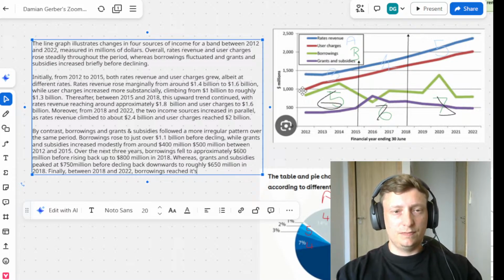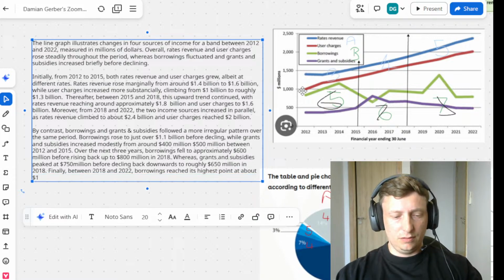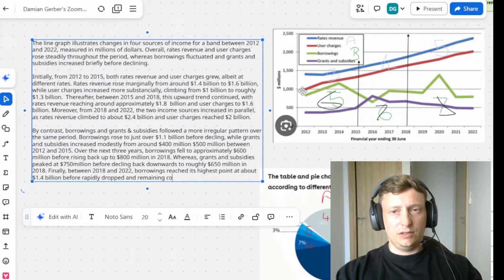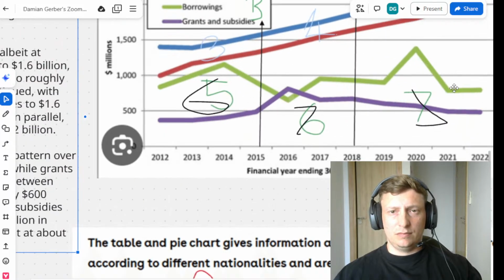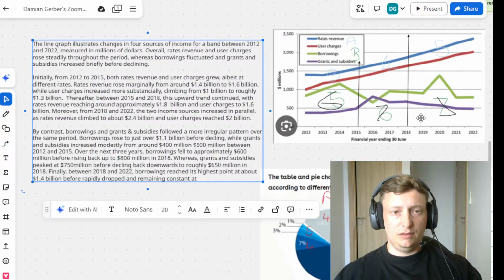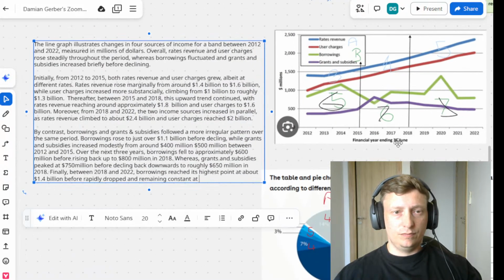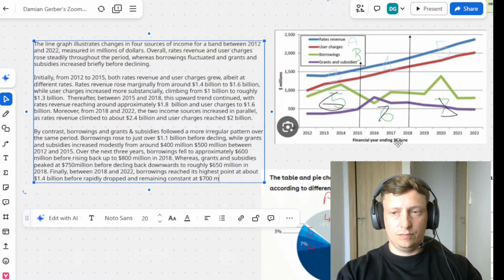Reached its highest point at about 1.4 billion before rapidly dropping and remaining constant at, I'm going to say this is 700 million.